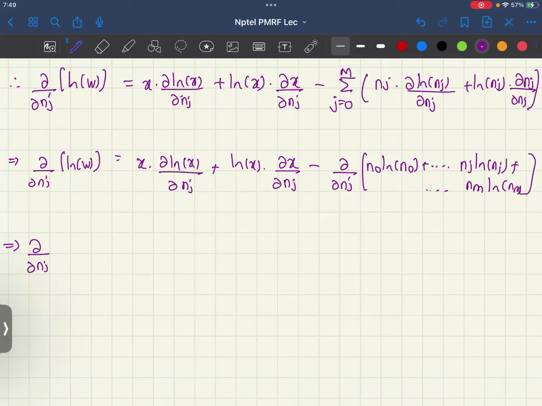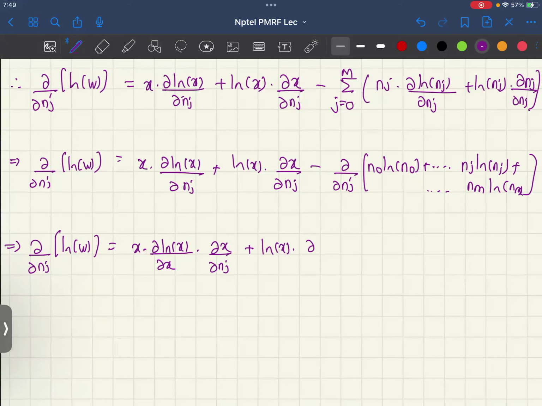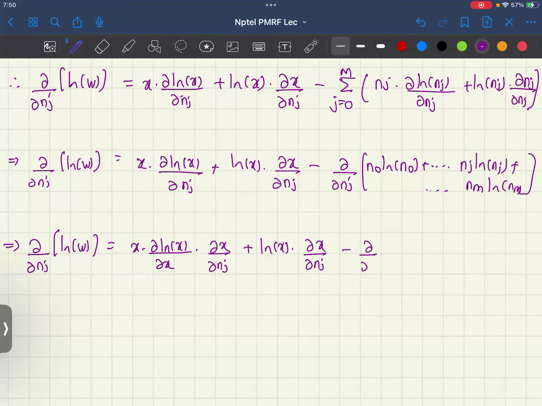This means dou by dou nj of ln of omega is going to be x into dou ln x by dou x multiplied by dou x by dou nj plus ln of x into dou x by dou nj minus dou by dou nj of n0 ln n0 minus dou by dou nj of nj ln nj minus dou by dou nj of nm ln nm.